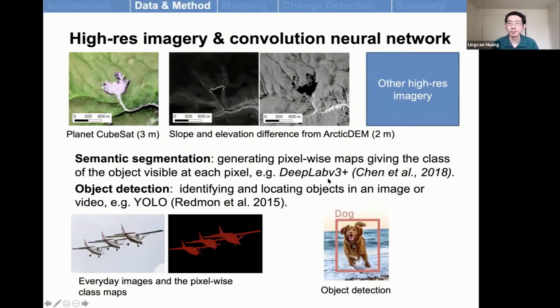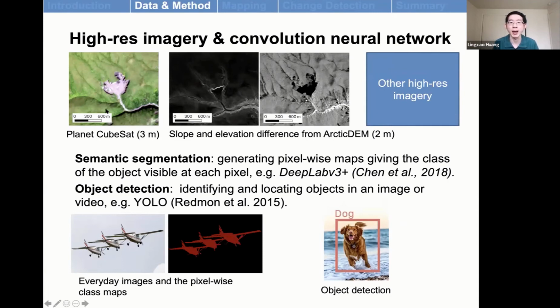This is the data and the main methods I used in my studies. Because previously I said that these landforms only show up on high resolution images, we need images with high resolution.